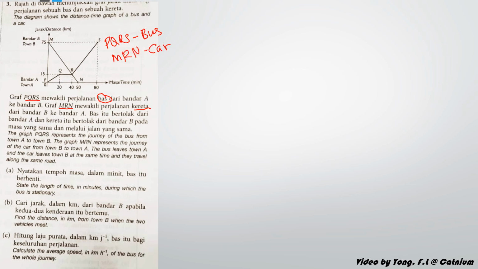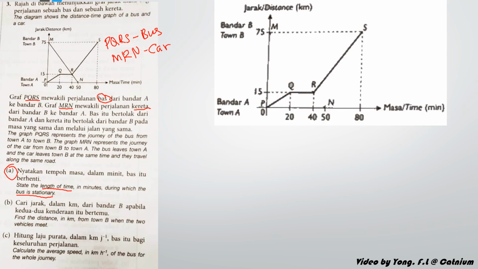Now for question number A. State the length of time in minutes when the bus is stationary. Maksudnya berhenti. Now we are looking at the bus only, so I have summarized it for you. The line for the car, MRN, we are not focusing on.